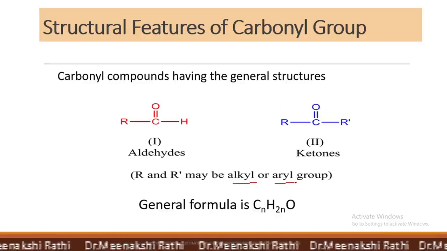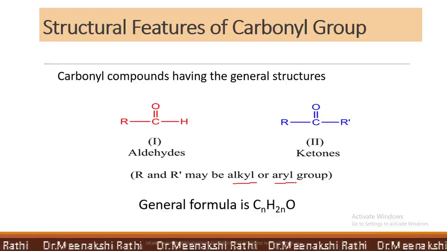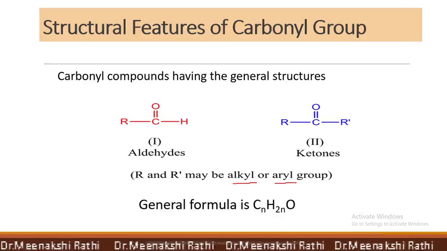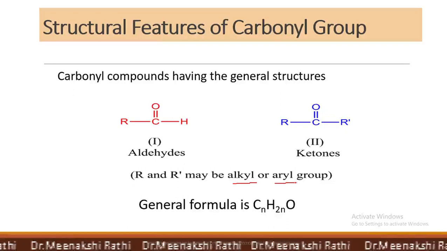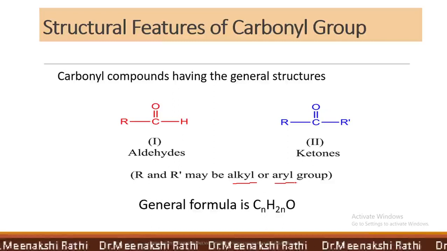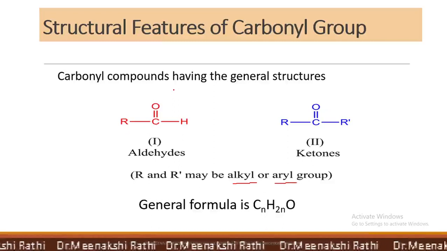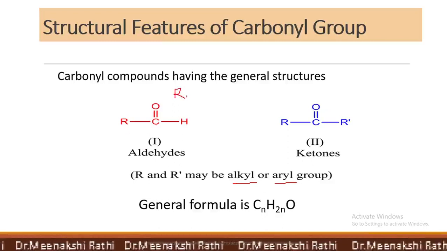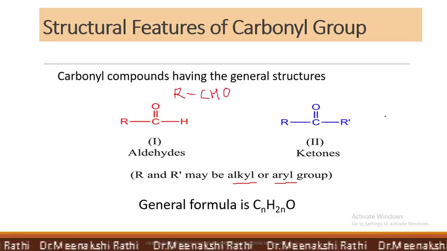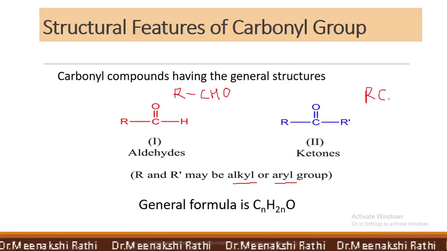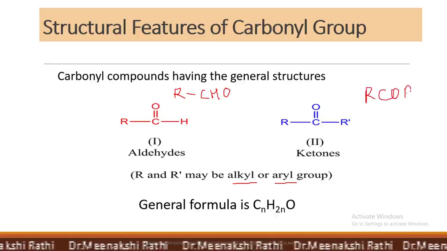Alkyl means methyl, ethyl, propyl, and aryl group means a benzene ring is attached. So aldehydes can be simply written as RCHO, while ketones can be written like this, RCOR.